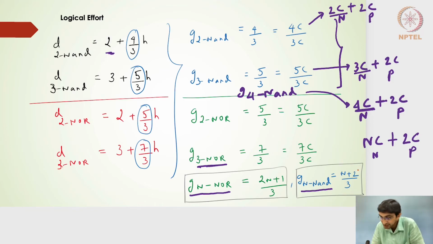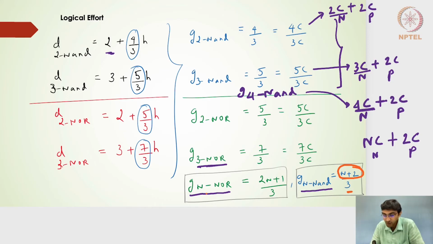To generalize it, for the n input, it will be n plus 2 divided by 3, which is coming from the 2:1 inverter, which is nothing but the benchmark inverter, giving the same output current. So n plus 2 divided by 3. That becomes our general expression for finding the logical effort for an n input NAND gate.